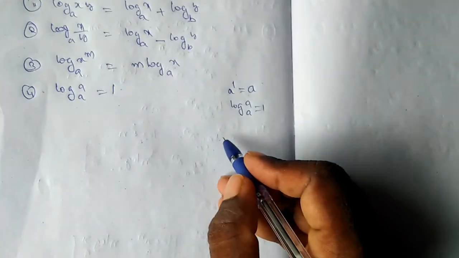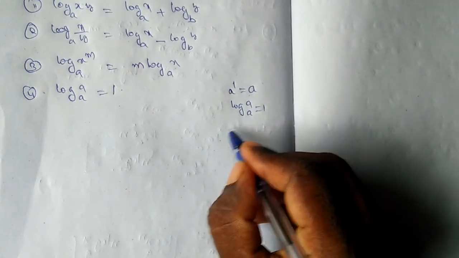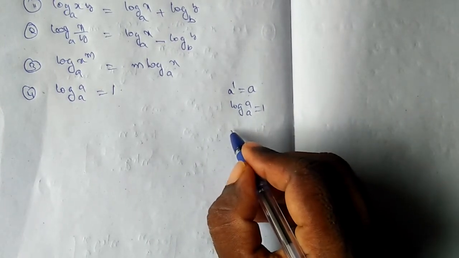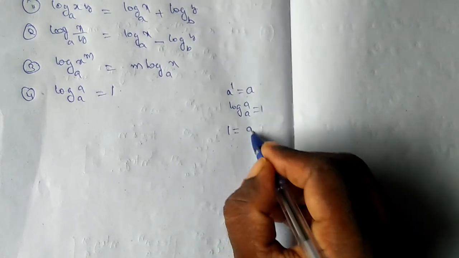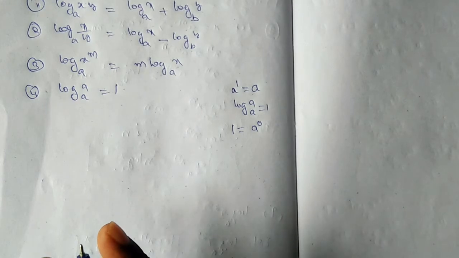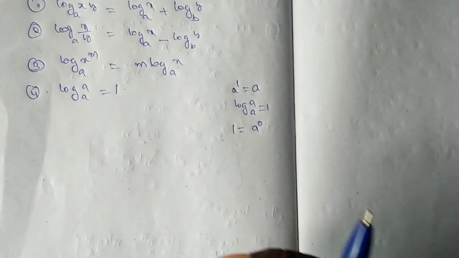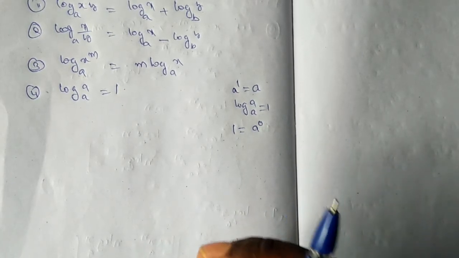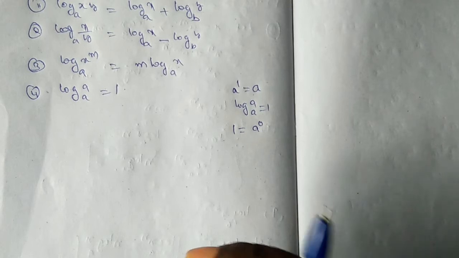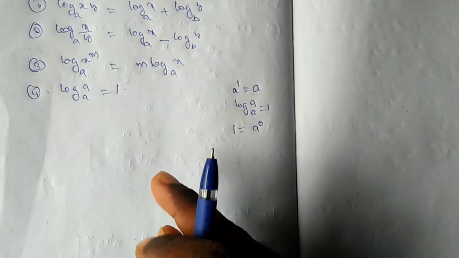One more formula. 1 is equal to a to the power of 0. Any integer with a power of 0, that value is always 1.